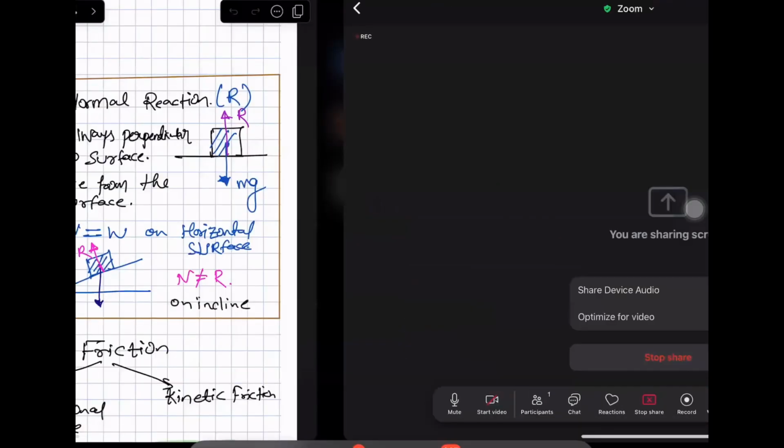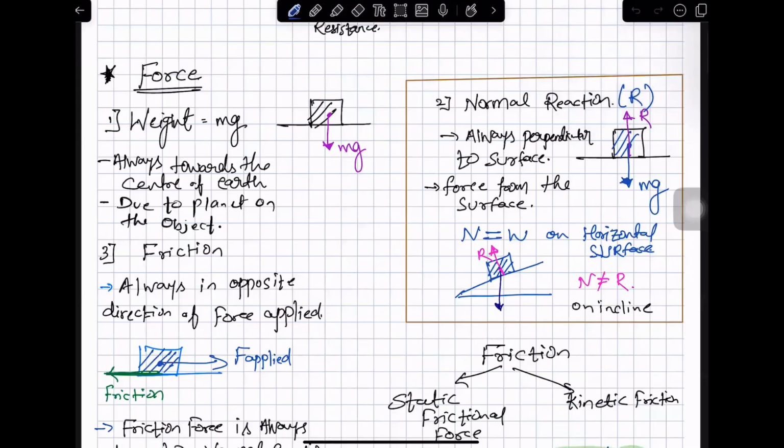We have several kinds of forces, starting with the weight. The weight is the gravitational attraction between two masses. The Earth always attracts any other object towards its center. So that is the force on the object due to the Earth, and it is calculated as mass times gravitational field strength.